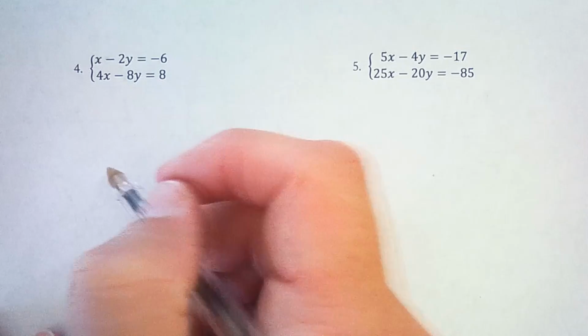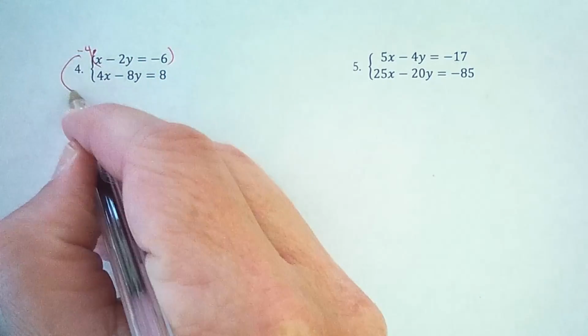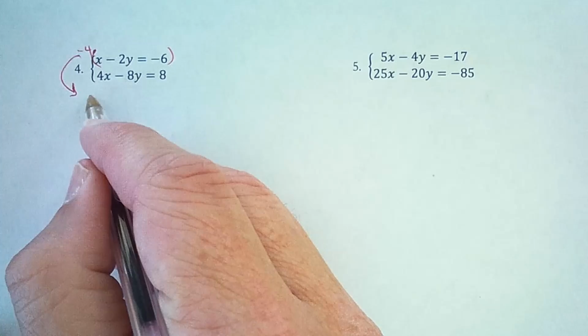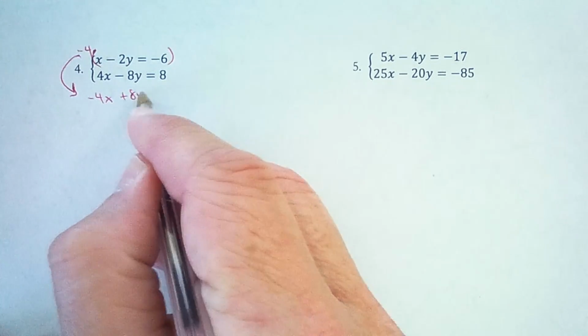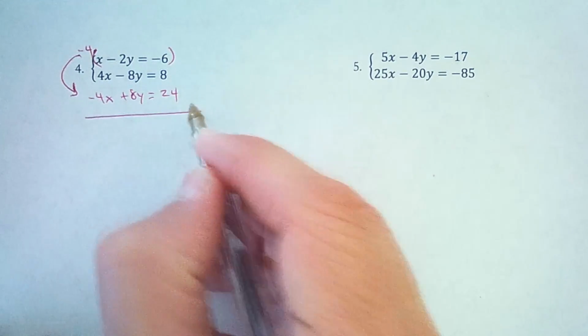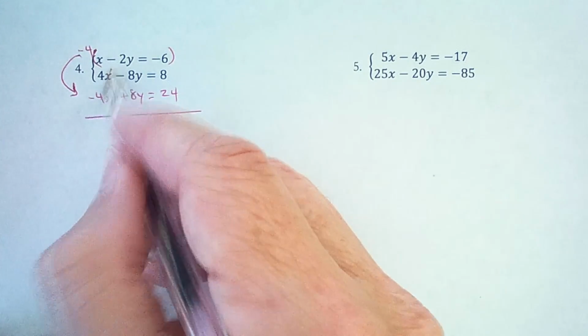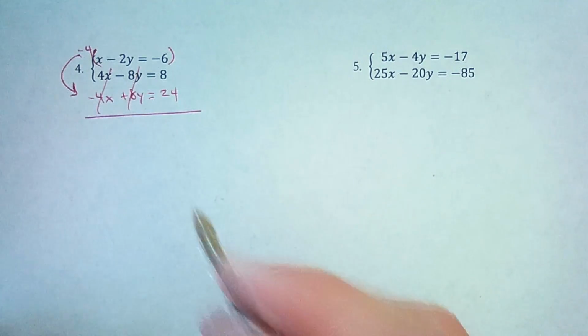Number 4, if I multiply by negative 4 up here and bring it down here, I'm going to eliminate the x's. So I get negative 4x plus 8y equals 24. And the x's cancel, and look at this, the y's also cancel.